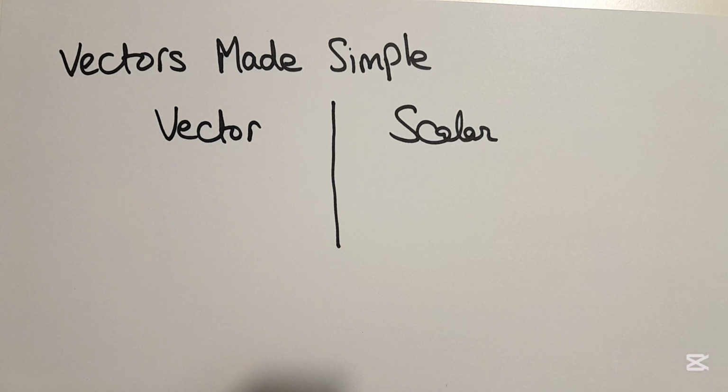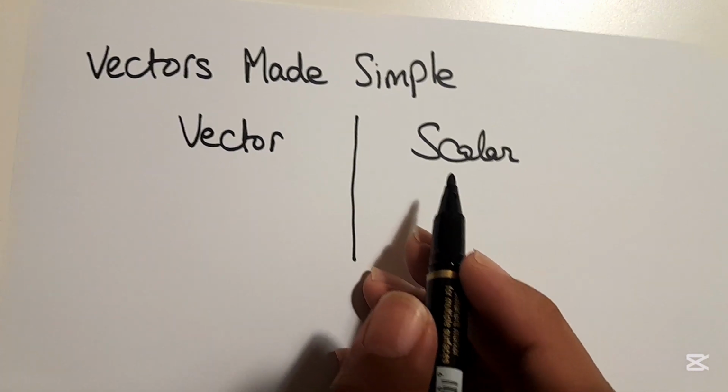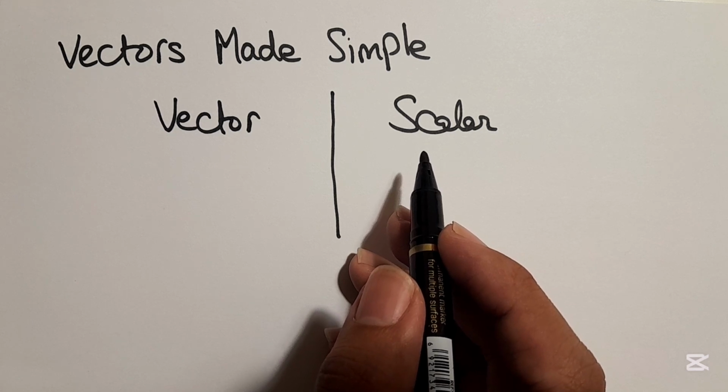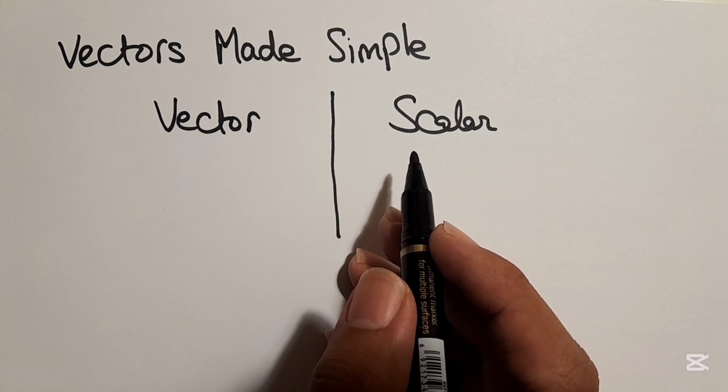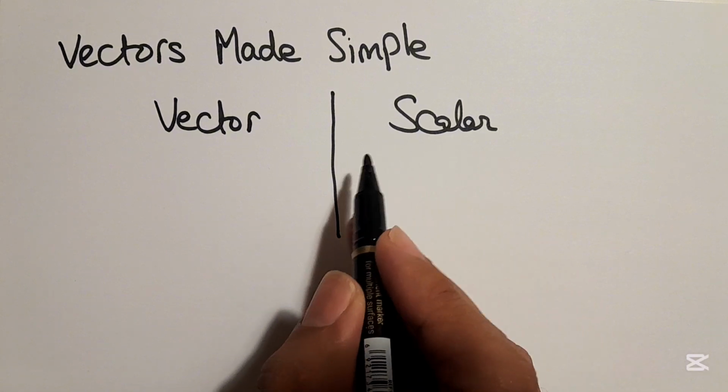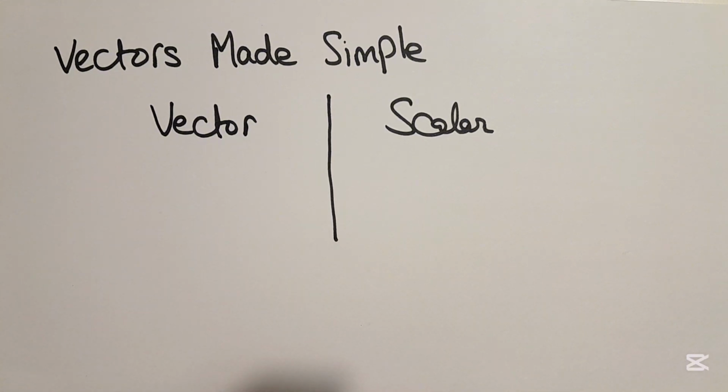Vectors have both magnitude, which is size, and direction, like displacement or force, whereas in scalar we have just a number like temperature, speed, or mass, meaning just an increase in mass or just an increase in temperature. But in vector, we have both the magnitude and the direction. So this is the main difference between scalars and vectors.